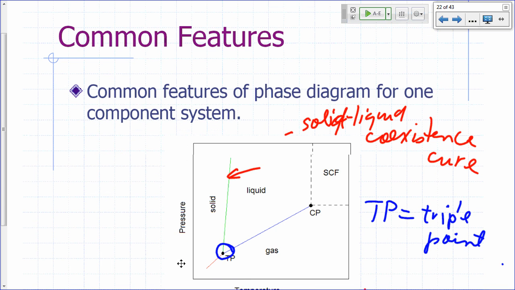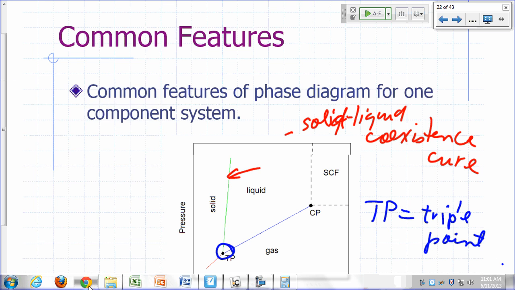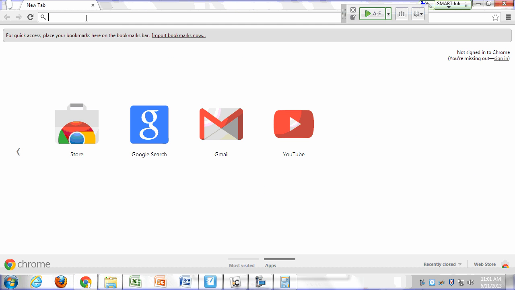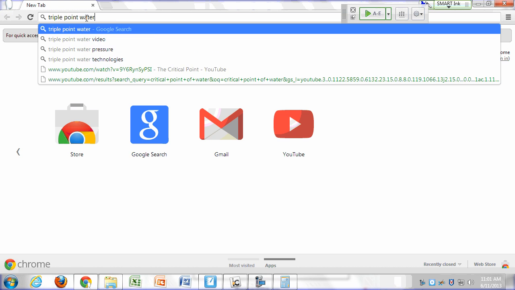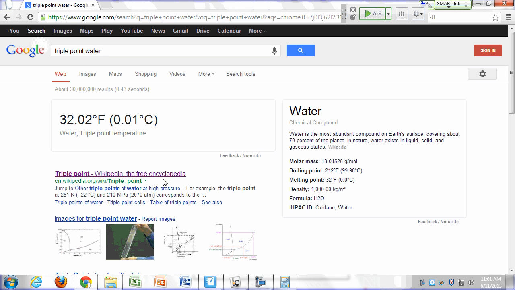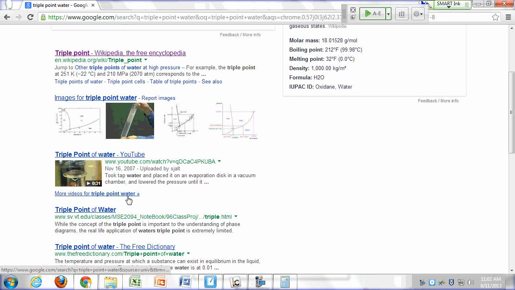Let's see. We can look up the triple point of water. I think it's 0.006 atmosphere. The triple point of water is 0.01 degrees Celsius, but what's the triple point pressure?